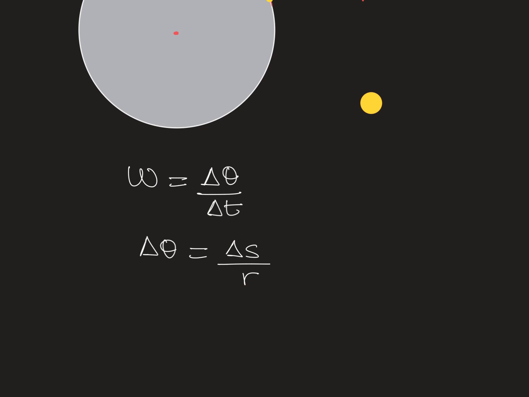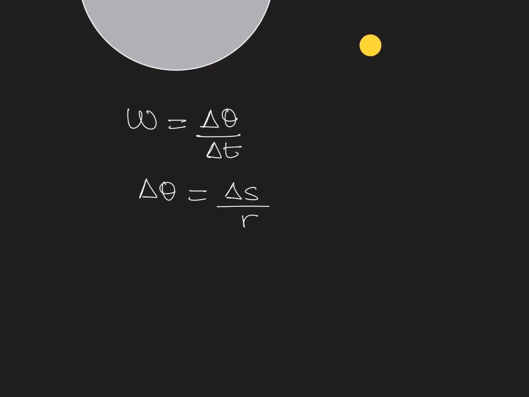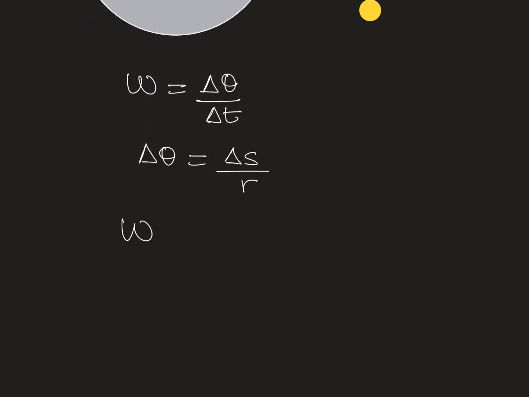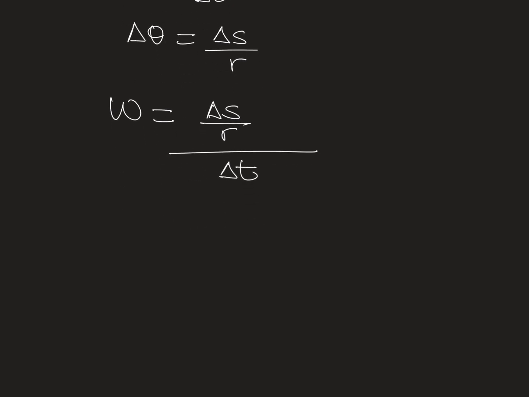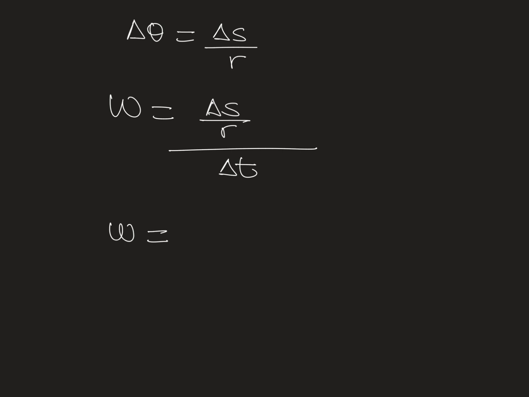So if we substitute that into this equation, we're going to have omega is equal to change in the length of the arc divided by r, all over change in time.